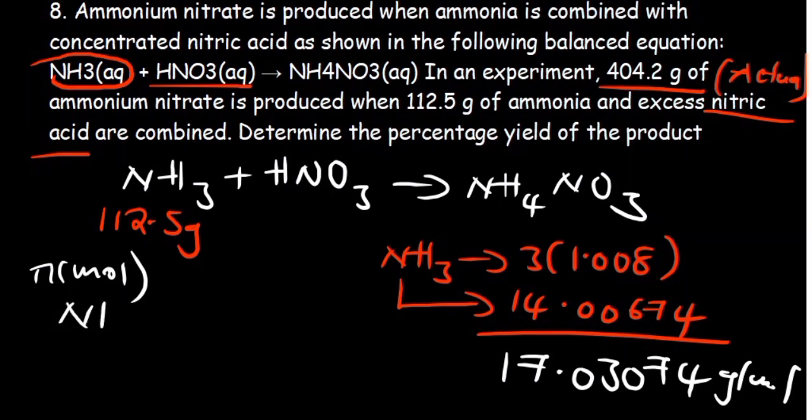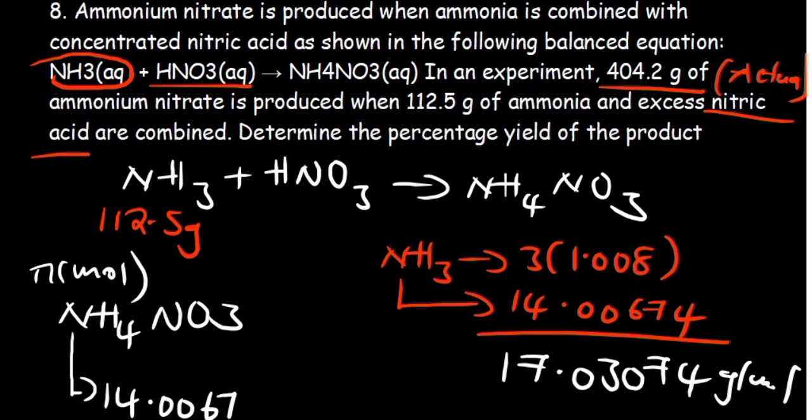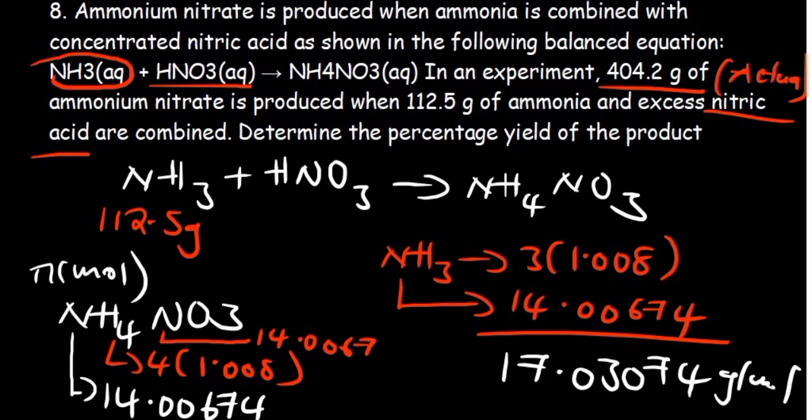So for ammonium nitrate, we have NH4, then NO3. So for nitrogen, we have 14.00674. For our hydrogen, we have 4 times 1.008. Then for nitrogen again, we have 14.00674. Then we have 3 multiplied by 15.994 for the oxygen. So what happens if we add that?